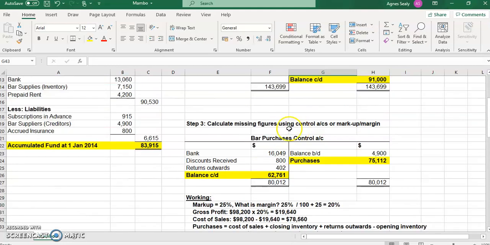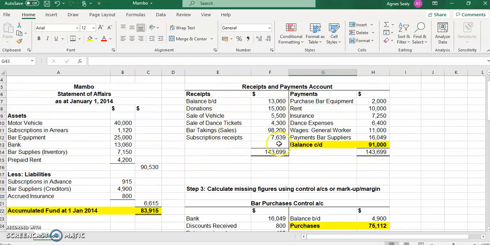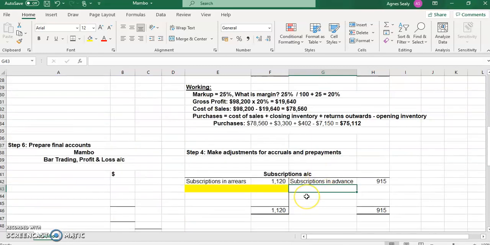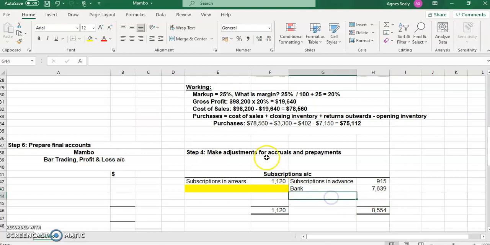During the year, based on our receipts and payments account, they received $7,639 in subscriptions, so we can add that in. Bank, $7,639. And also we recognize, as I said in note number 5, that we had subscriptions written off during the year.